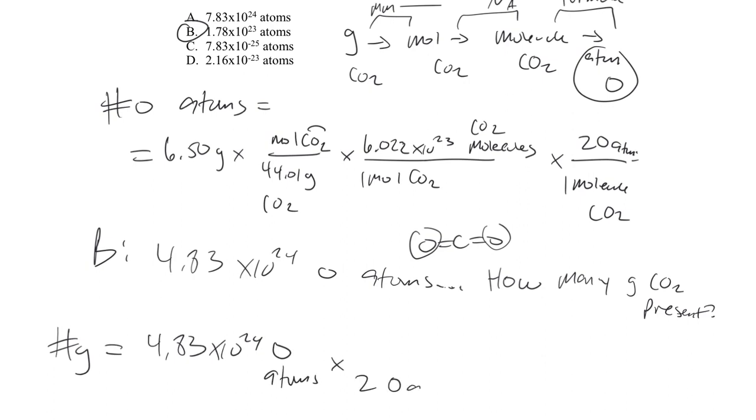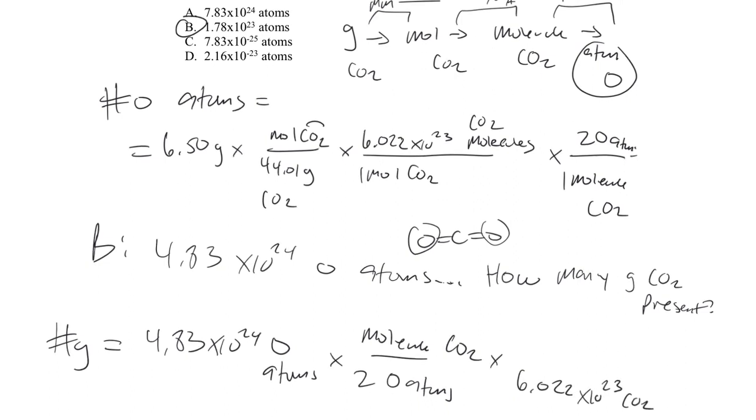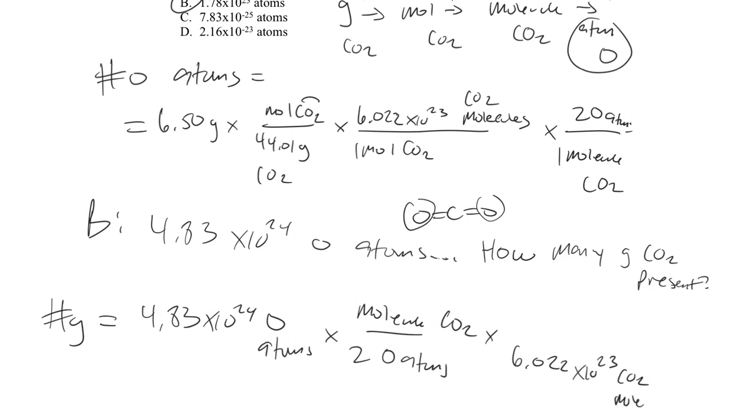There's 2 O atoms per molecule of CO2. There's an Avogadro's number of CO2 molecules per mole of CO2, and then 1 mole of CO2 is 44.01 grams.